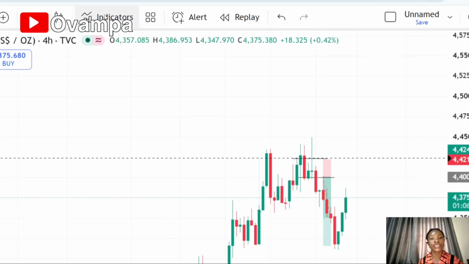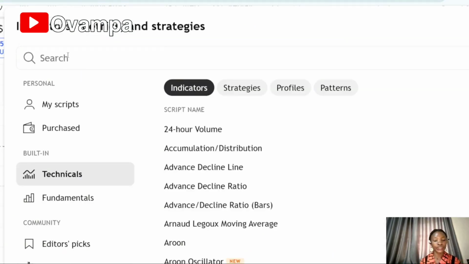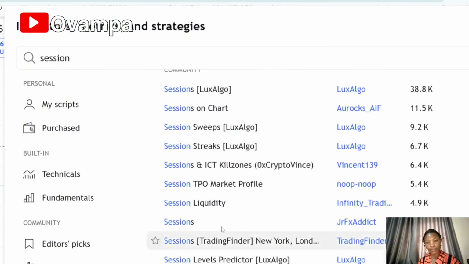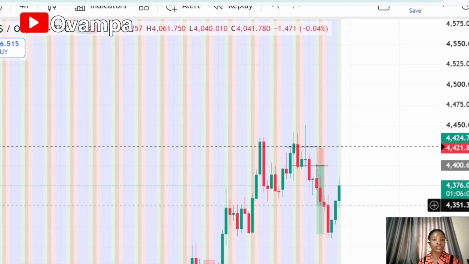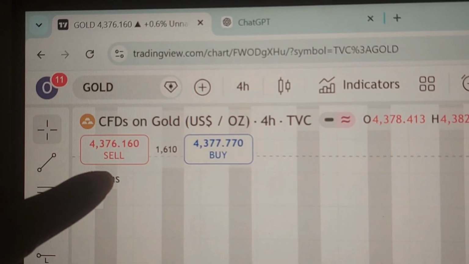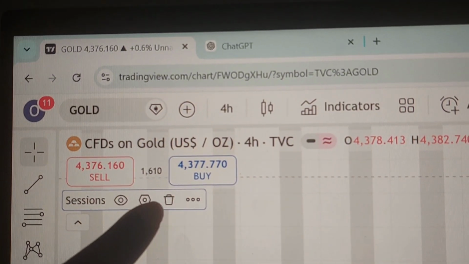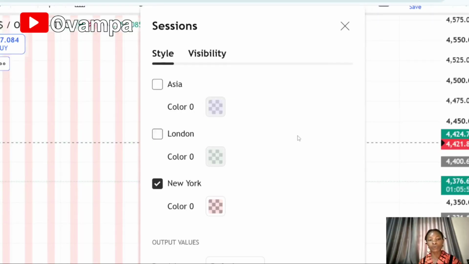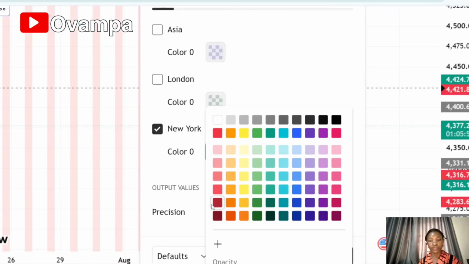Since I want to trade it during New York session, I'm going to select session. This particular one only talks about session. Okay, so now the session has been added. Because I'm talking particularly about the New York session, I'm going to click on the settings and turn off other sessions I'm not waiting for, because I am only waiting for the New York session, right? Okay.